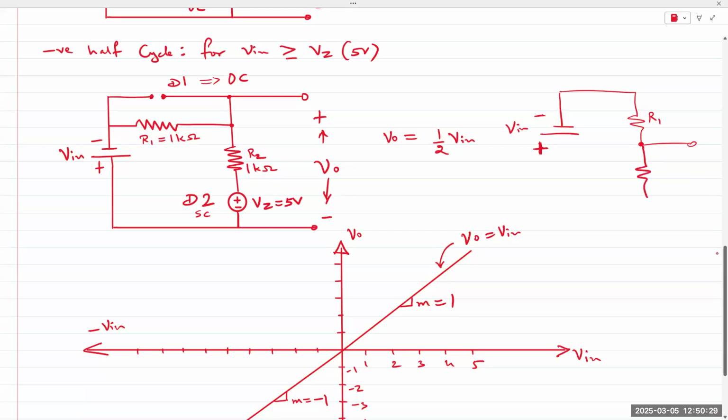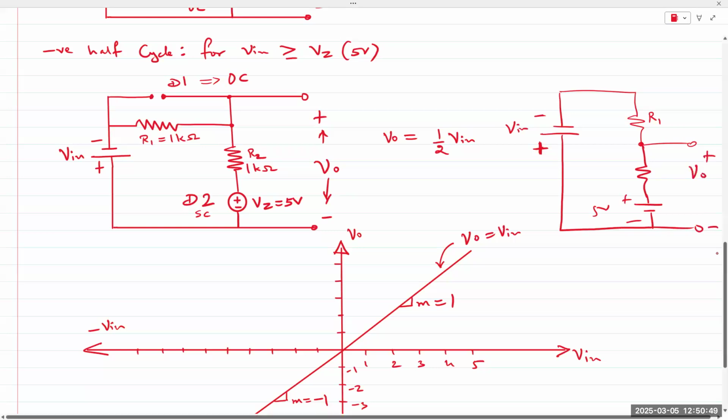R2, and then plus minus, and V in minus 5, and V out. So V out would be the intersection point plus the 5-volt drop.